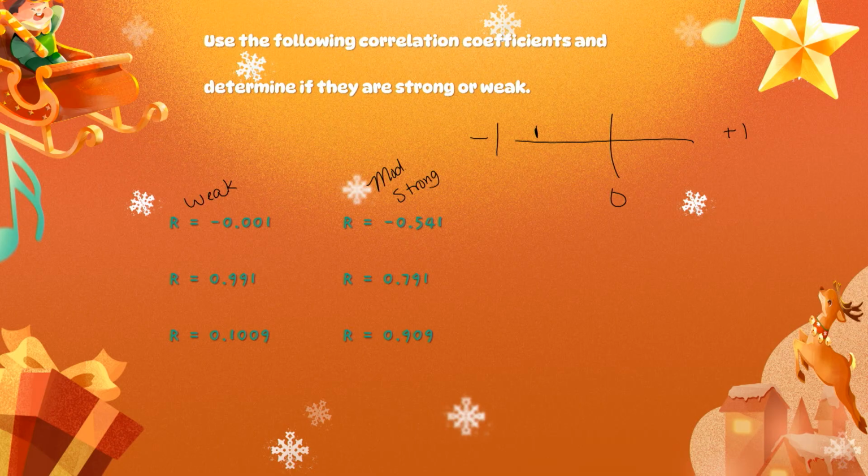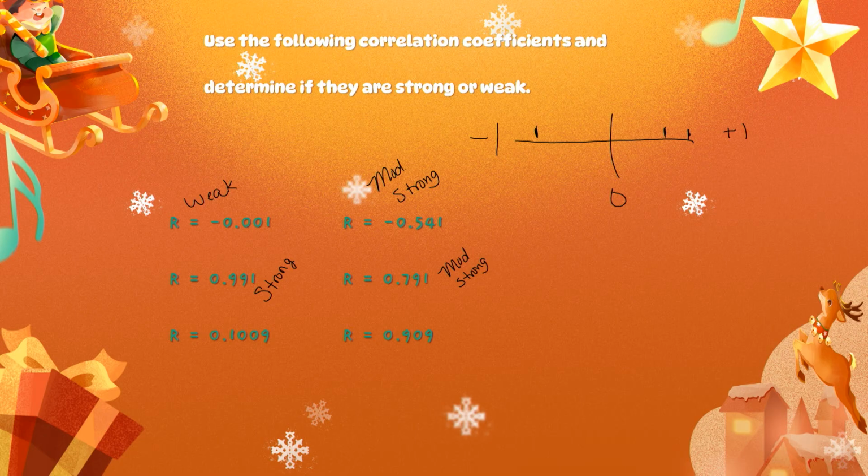The next one is 0.991. Now, that is almost knocking on positive 1's door, so we're going to say that this is a strong correlation. We have 0.791. Now, it is not as close to 1 as our previous, but it is going to be moderately strong, meaning in the middle of strength.